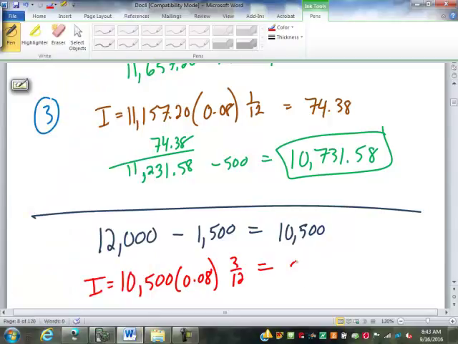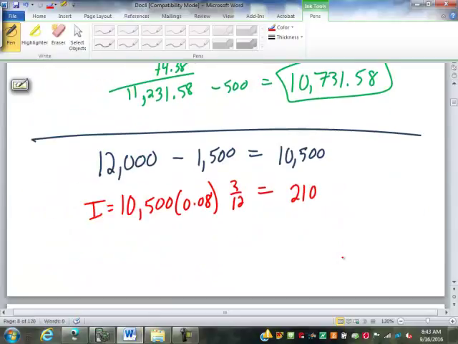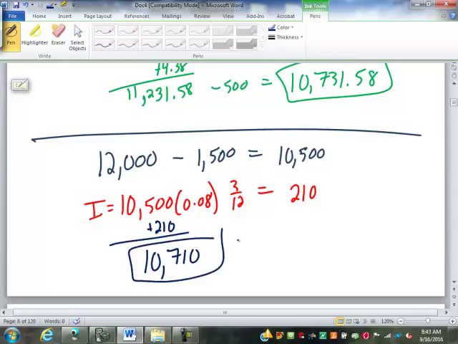I get interest of $210. My balance is $10,710. If I make all 3 payments up front compared to making them monthly, my balance is $21.58 lower. I've saved that in interest.